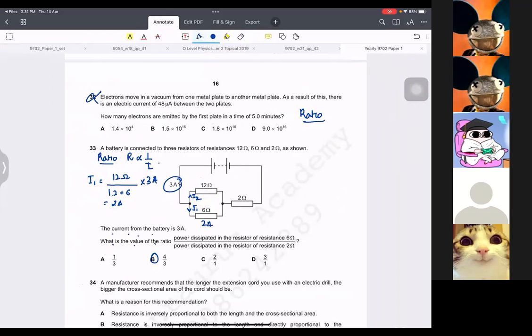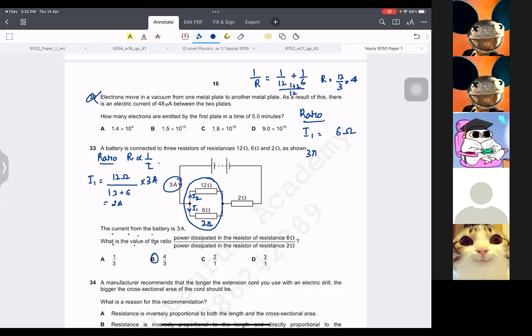Okay, now let's suppose I say I1 is the current in 6 ohms. Then I want to find the total resistance here. The total resistance here was 4. How did I calculate? 1 upon R equals 1 upon 12 plus 1 upon 6, so 1 plus 2, and R was 4.